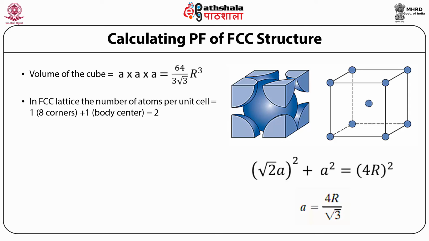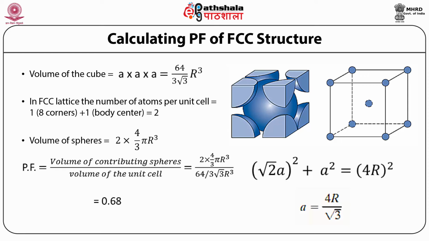Now we have to count how many of these atoms or spheres are contained in these unit cells. So we can see that it is 2 multiplied by 4 by 3 pi r cube. So there are 2 atoms. One atom is at the center, which is completely inside the unit cell, and one atom is coming from 8 corners, 1/8 of each atom. So that makes us 2 atoms, and then we divide it by the volume of the unit cell.